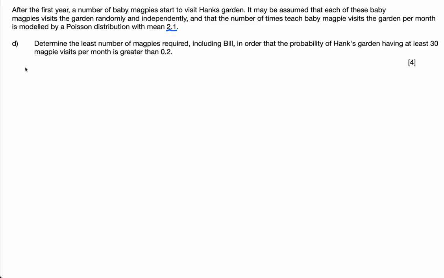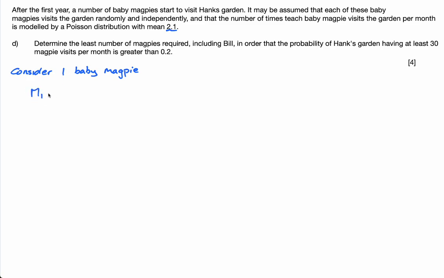Let's consider one baby magpie. So imagine there was one baby magpie. Let's call it M1.